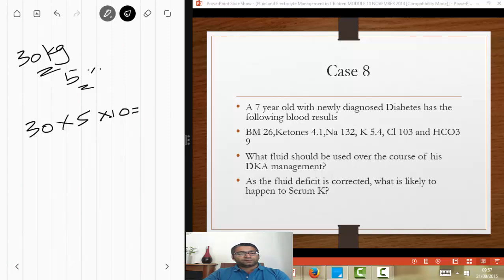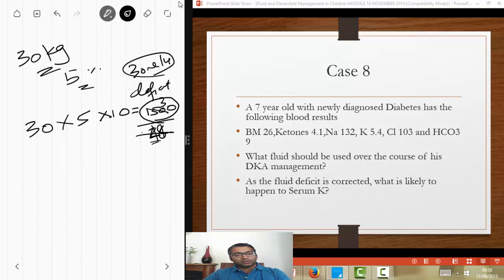So that's 300 times 5, it's 1500. So that's the deficit. So you want to give that slowly over 24 to 48 hours. Let's say you want to replace it over 24 hours, so you divide by 24. If you want to replace it over 48 hours, you divide by 48. So let's say you want to replace it over 48 hours, so that will be roughly about 30 ml per hour.